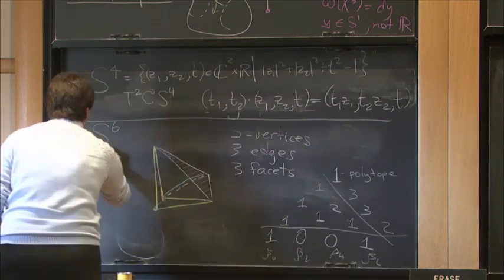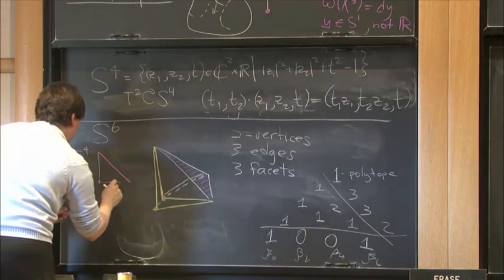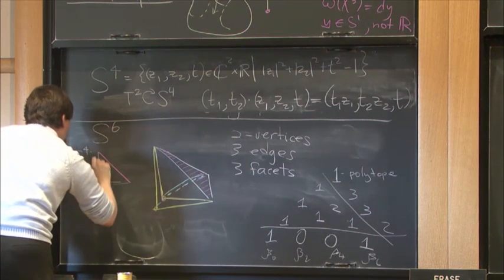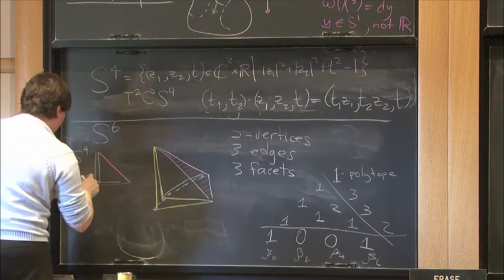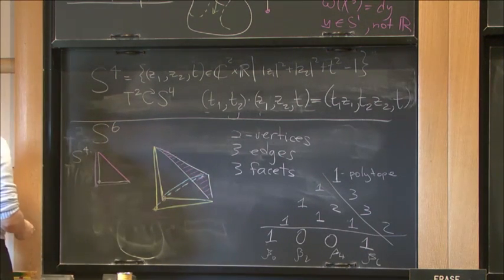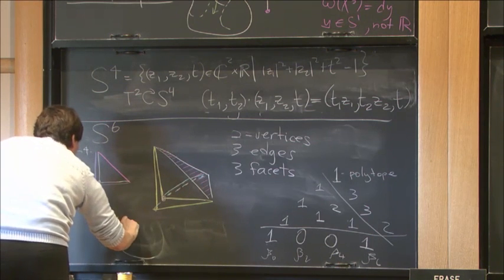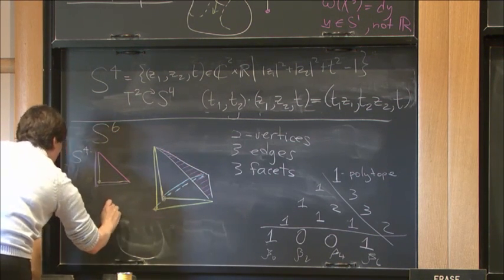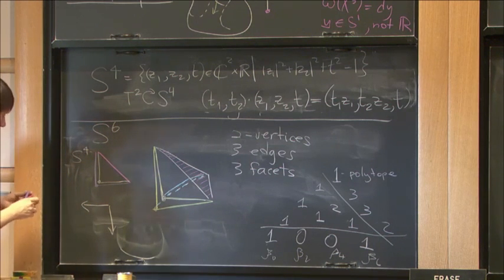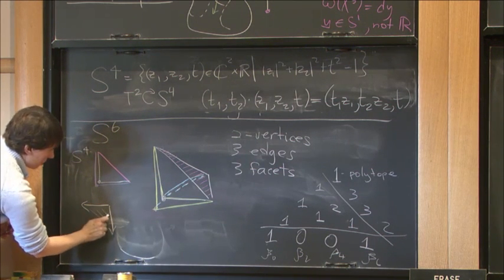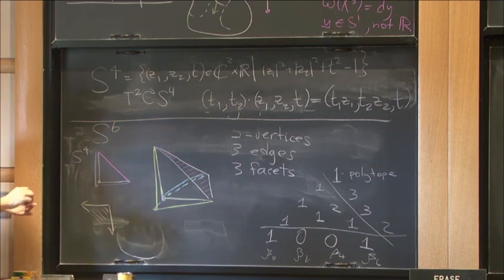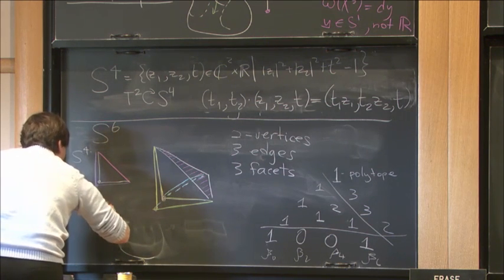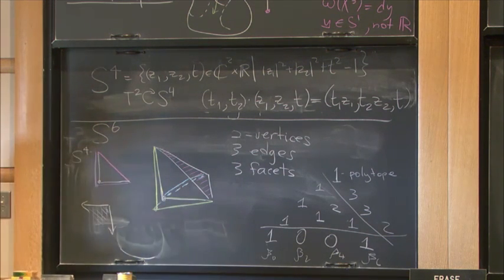We have our, and so my multifan is going to consist of, let's see, so I have a ray like this. I have a ray like this, a ray like this, and then I fill one cone in between those 2 rays for the white vertex, and one cone in between the 2 rays for the purple vertex.